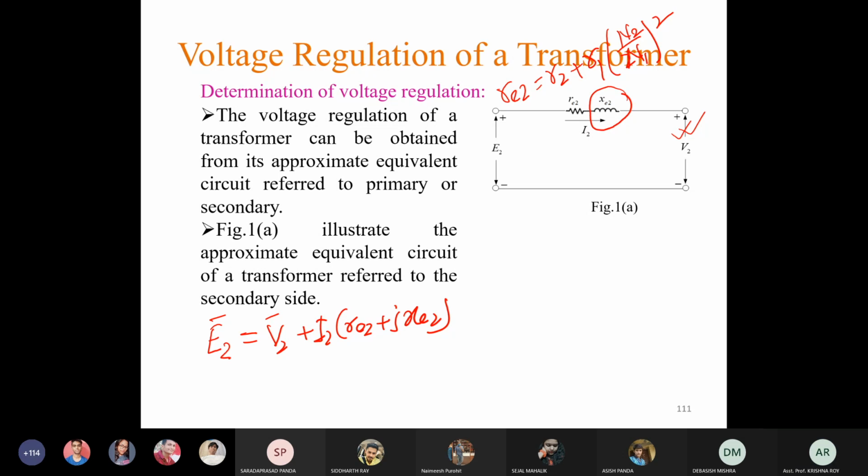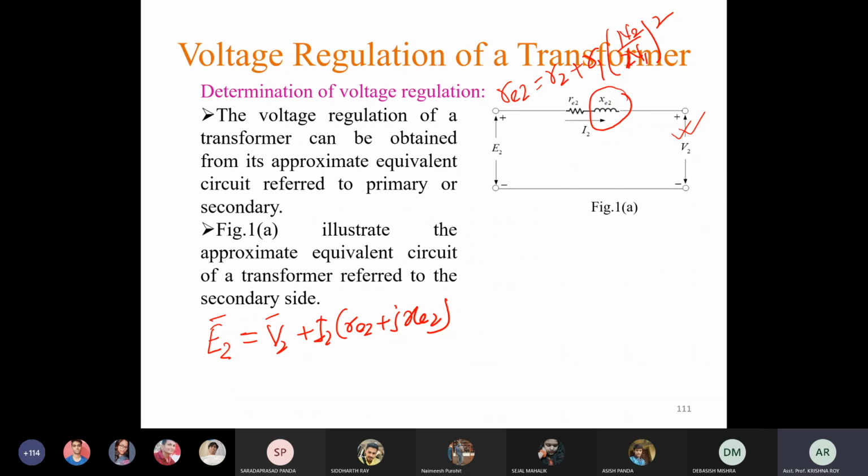Taking lagging power factor, that means I2 will lag V2 by some angle, suppose theta 2. That is what I was saying in previous classes, that you have to know how to draw the phasor diagram for any given load, that is either lagging load or unity power factor load or leading load.